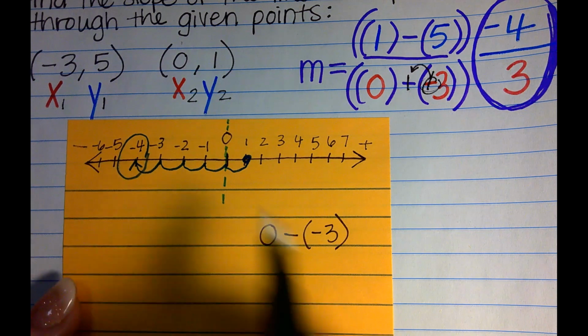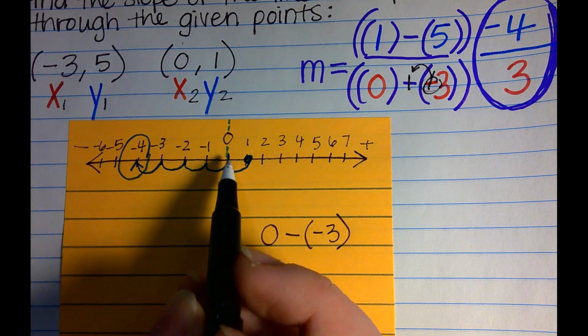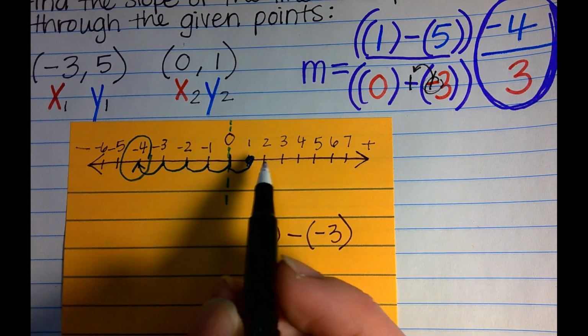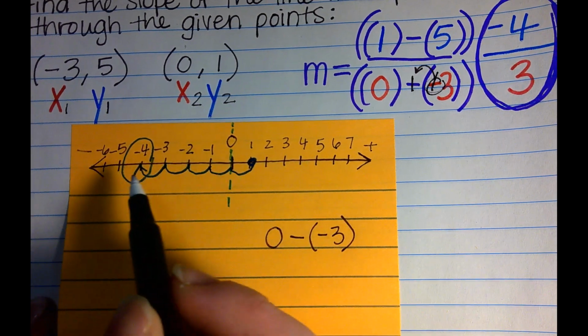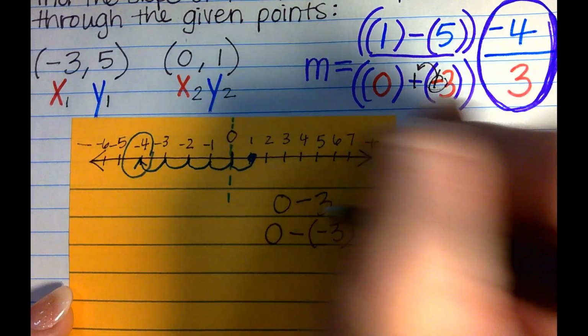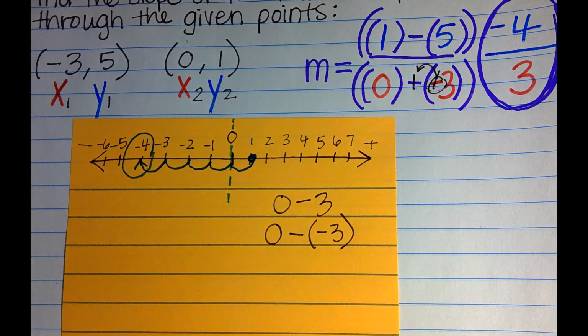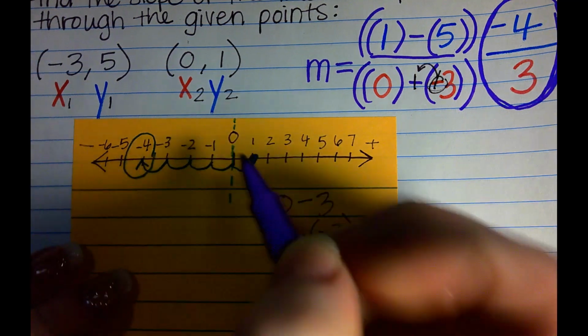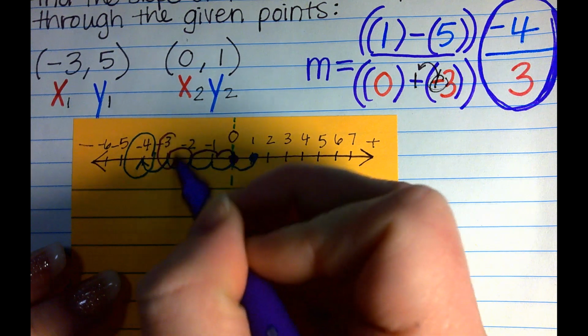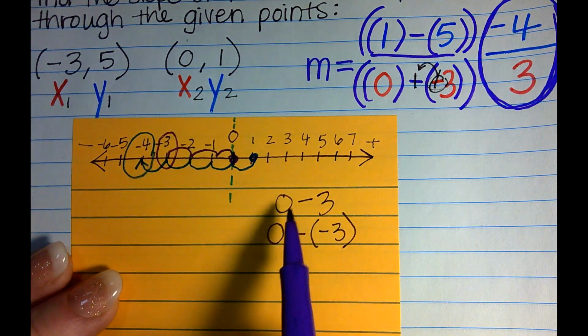If I were to start at 0 and I wanted to take away 3, I'm subtracting a +3. Would I move to the right or to the left? To the left, good. I would go from 0 back 1, 2, 3, and I would get -3 for 0 minus 3.